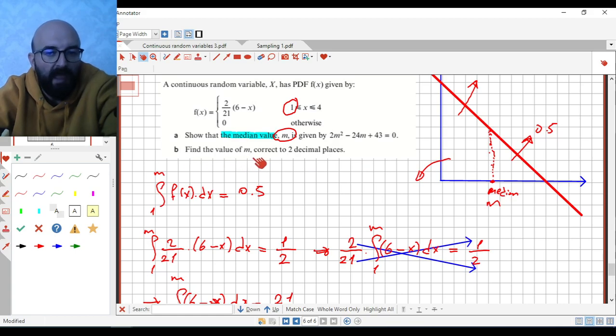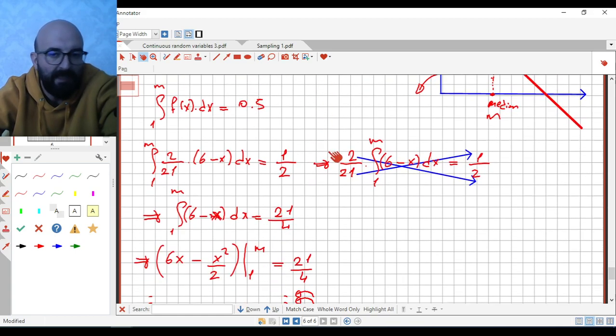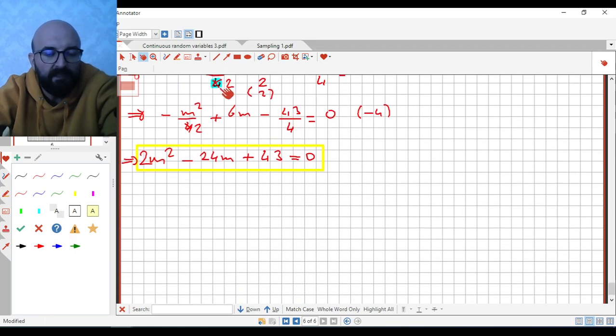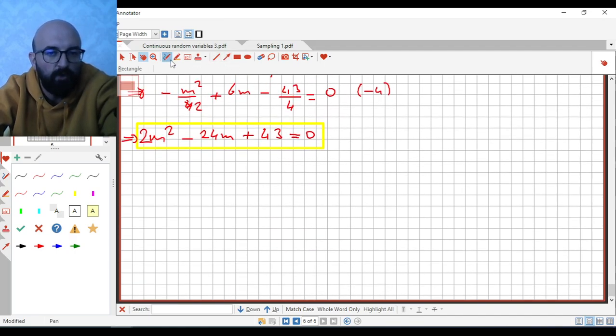Find the value of m corrected to one decimal place. Now we will solve this equation.